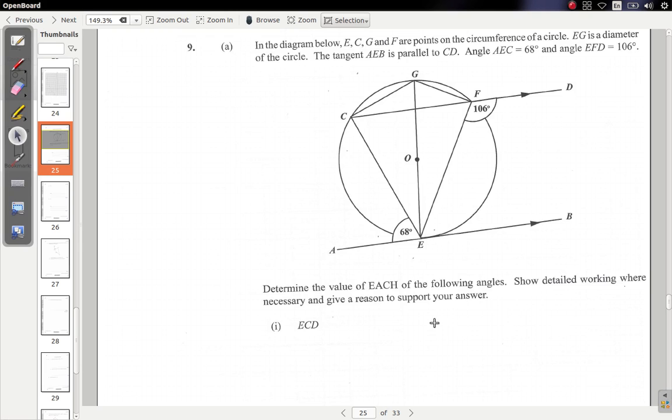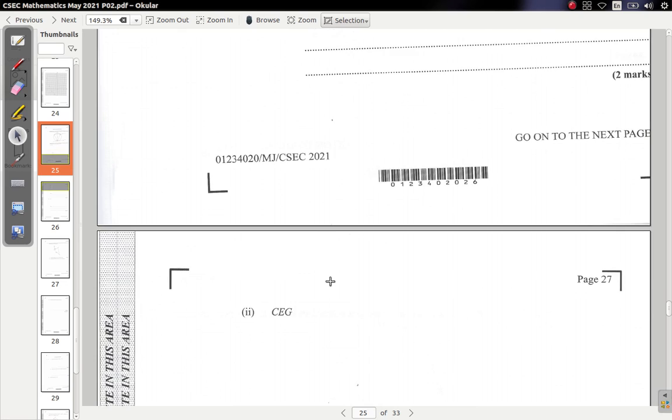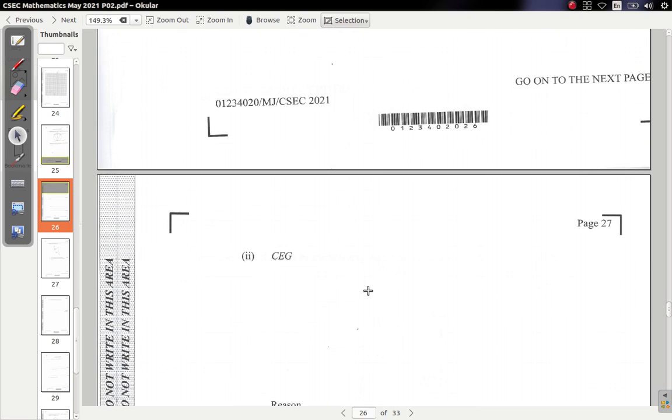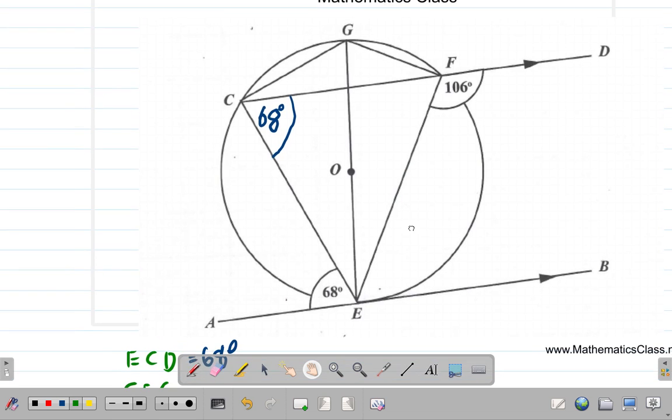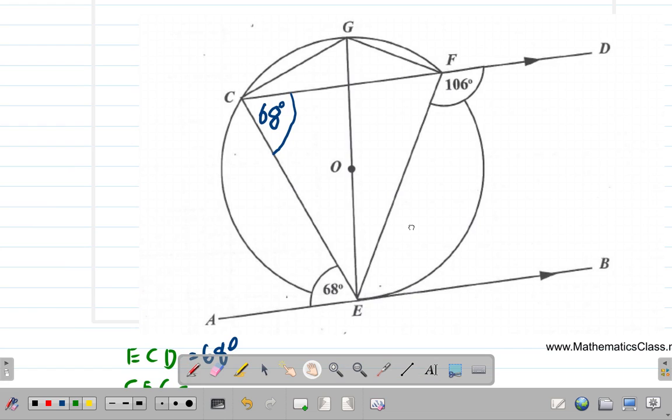Let's see what else they say. The next one is CEG. Which angle is that?